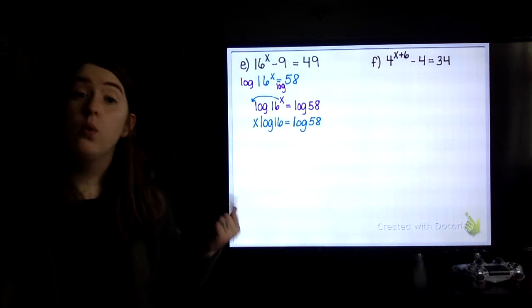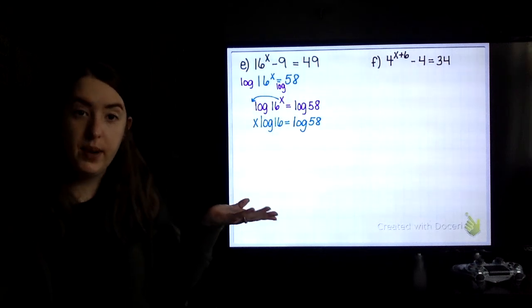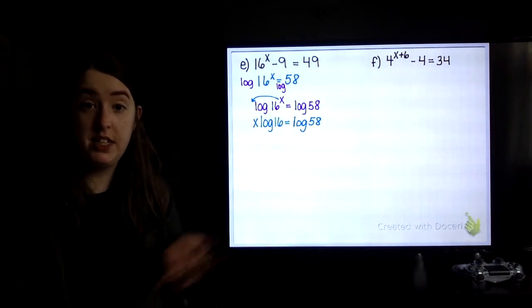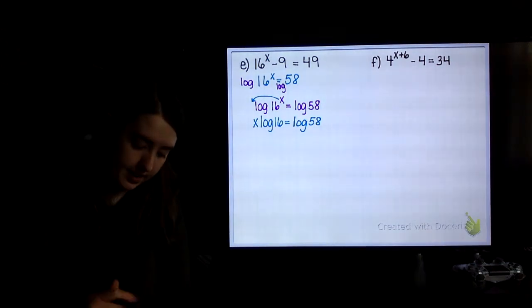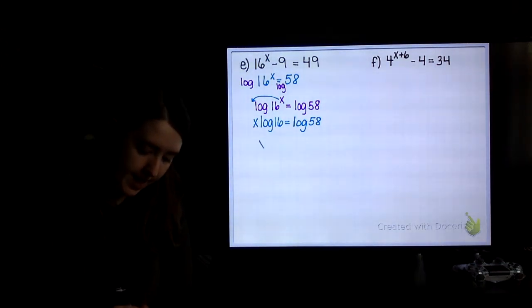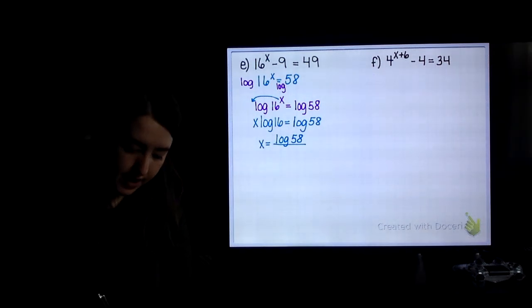So, what did I just say? x is times the log of 16, right? So how do I undo multiplication? Division. I'm going to divide by the log of 16 on both sides. So now I have that x equals the log of 58 divided by the log of 16.